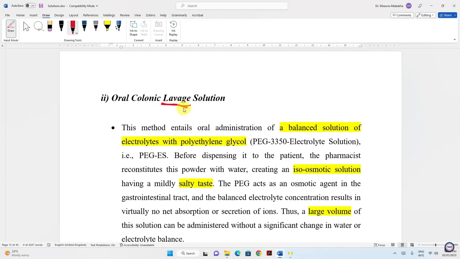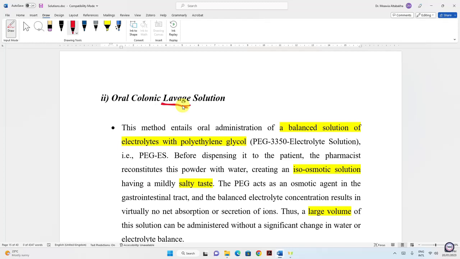So when do you want to wash the colon? Normally when the doctor is asking you to clean the colon, so the doctor can investigate your colon, the large intestine. They want to see if there is something in the colon.